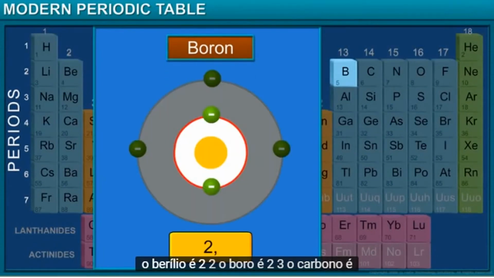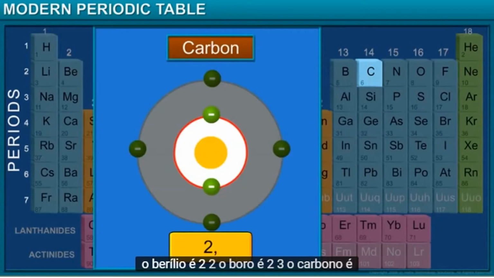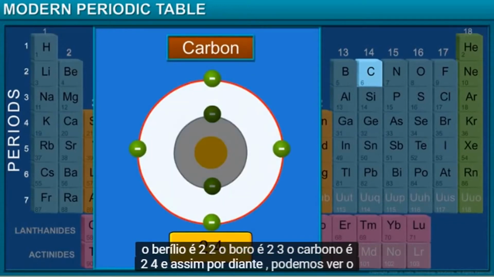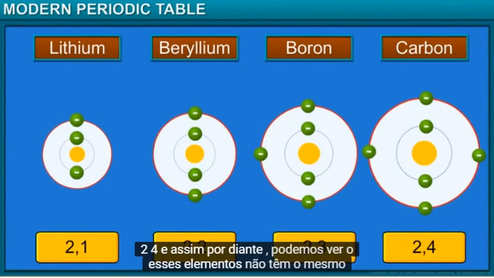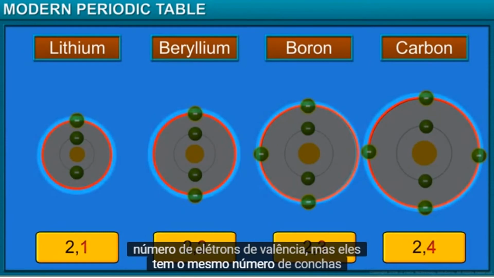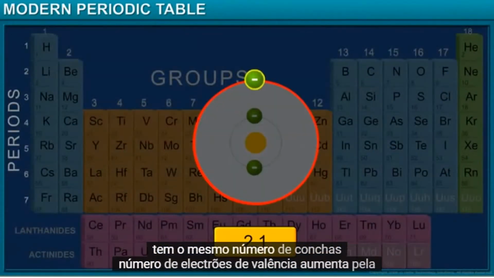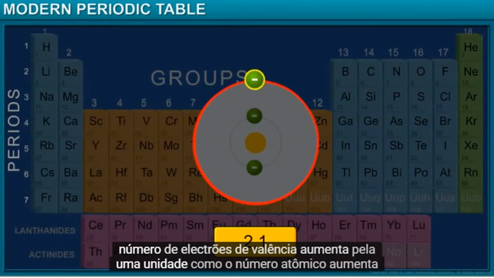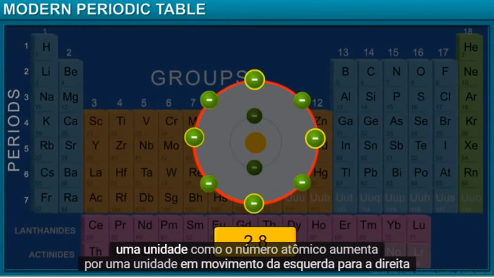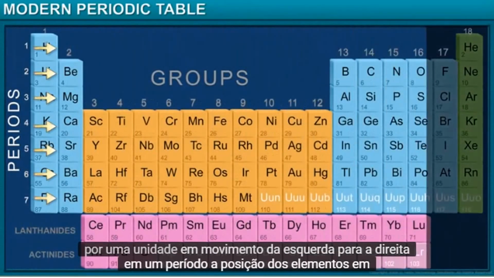Boron is 2, 3. Carbon is 2, 4. And so on. We can see that these elements do not have the same number of valence electrons, but they have the same number of shells. The number of valence electrons increases by 1 unit as the atomic number increases by 1 unit on moving from left to right in a period.